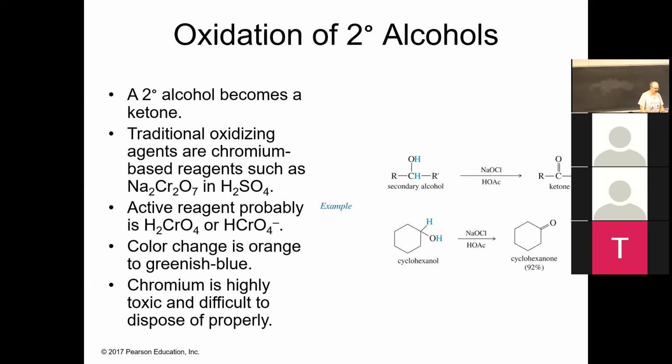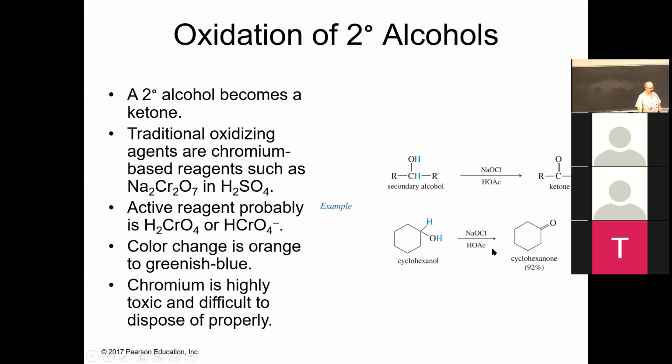Some of the ways of oxidizing alcohols include chromium reagents like sodium dichromate and sulfuric acid. The active agent is probably chromic acid, H2CrO4. There is a color change that accompanies this reaction from orange to blue-green as the chromium gets reduced.